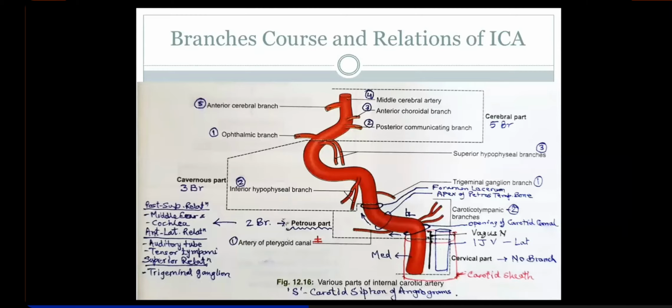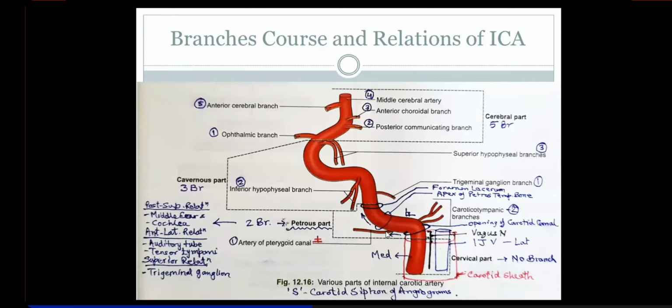And don't forget, the entire course of this internal carotid artery, from the cervical region up to the cerebral portion, is surrounded by a sympathetic nerve plexus as well as a venous plexus. Remember this. So these caroticotympanic branches will also carry sympathetic nerve fibers to the middle ear. Got it?